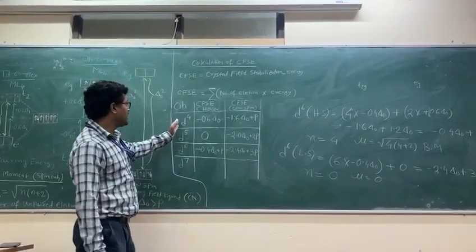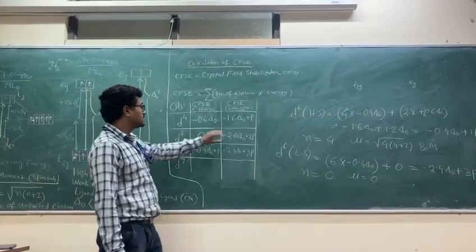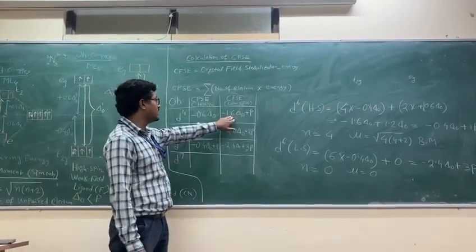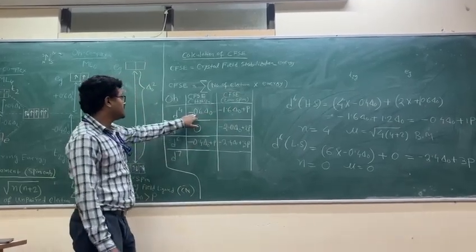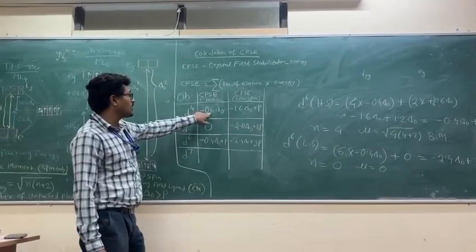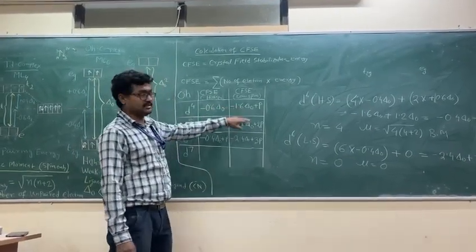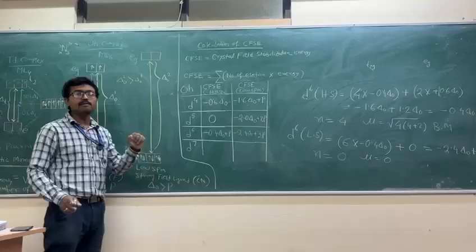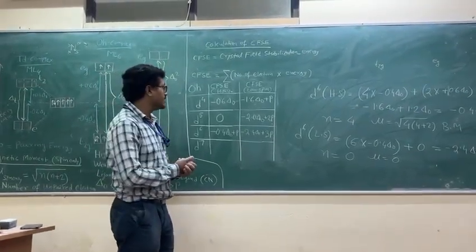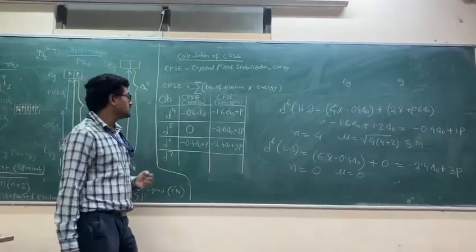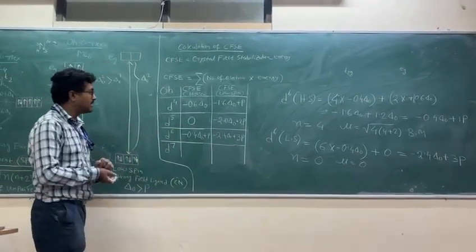Now if you compare the D4, D5 and D6 systems, you will see the CFSE value is always higher in case of low spin complex. Right? There is minus 0.6, there is minus 1.6. Negative energy indicates stability; positive means less stable, negative means more stable.